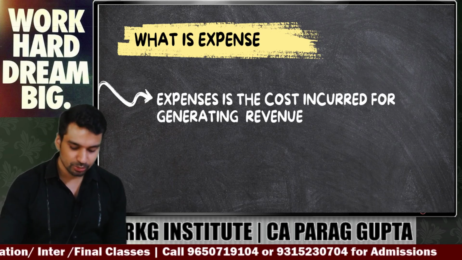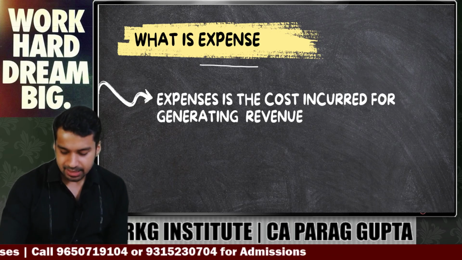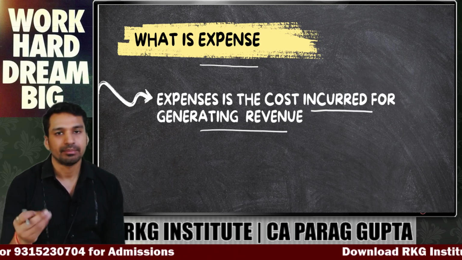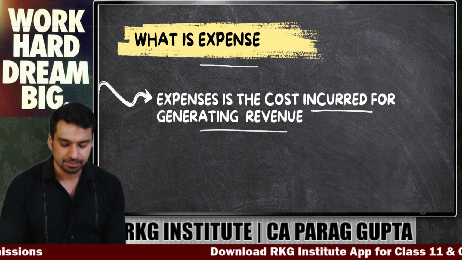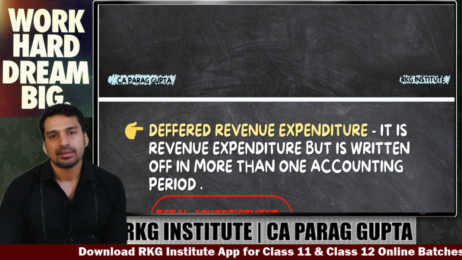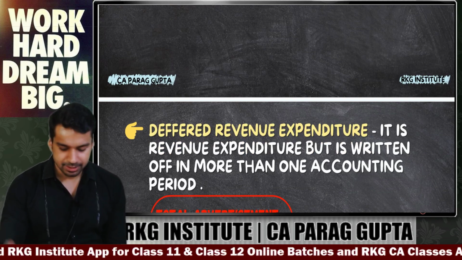Expense is defined as the cost incurred for generating revenue, meaning you are spending something to get revenue or income. So that is an expense. Its benefit gets expired within 1 year. That's it, expense.